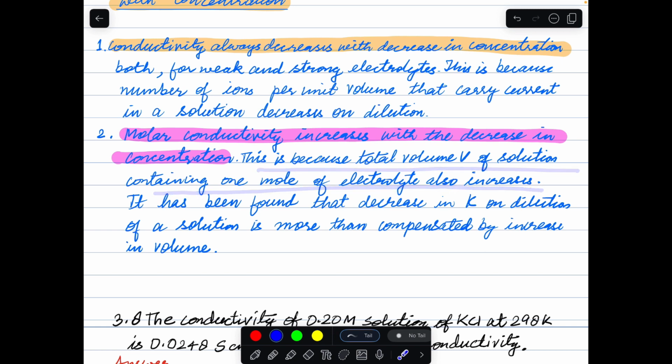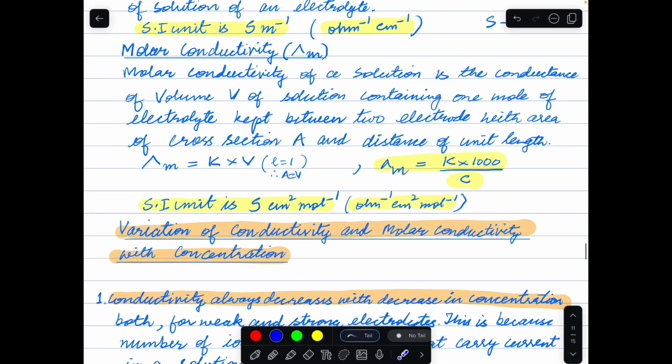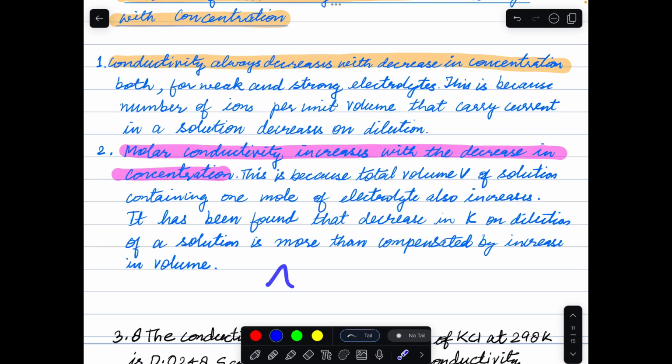We have previously given this formula: molar conductivity is equal to conductivity into volume, when L is equal to 1.